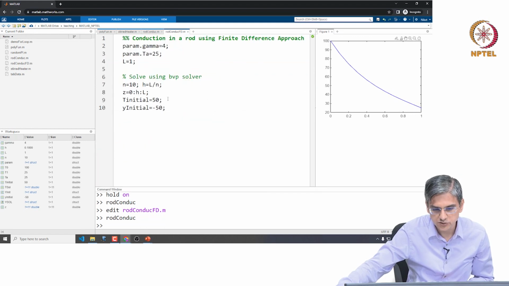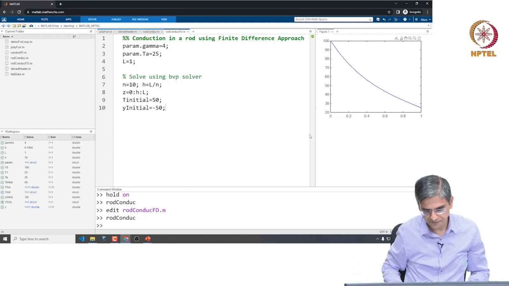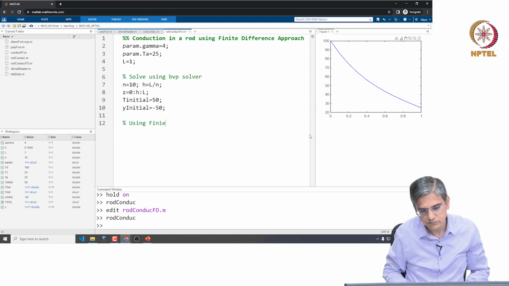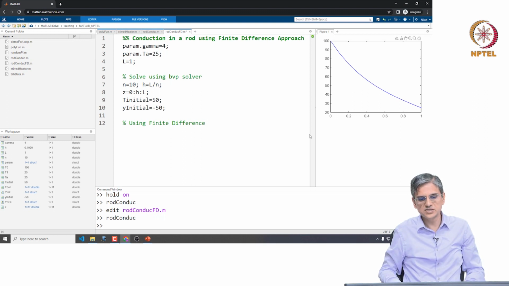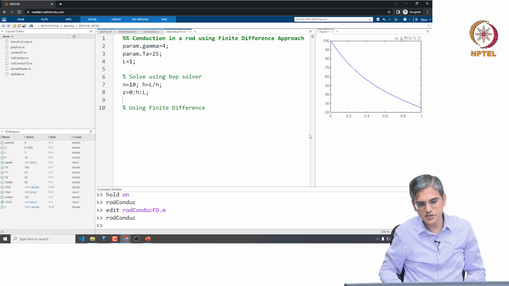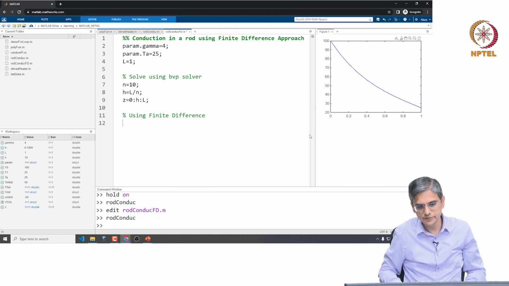Let's now solve it using the finite difference approach. Okay, remember what we did over here? We just copy pasted everything. We don't need t initial, y initial. We just need the step h. We need the z probably, maybe not, actually we don't.